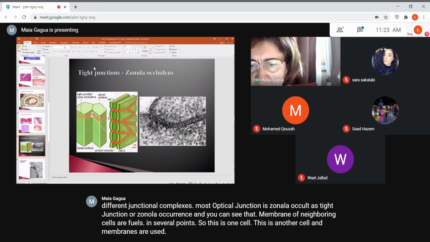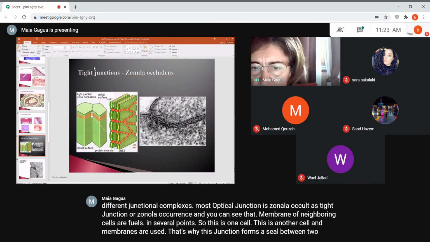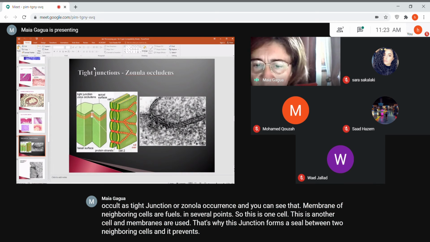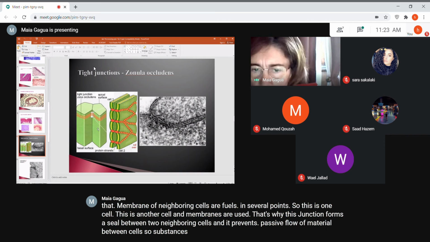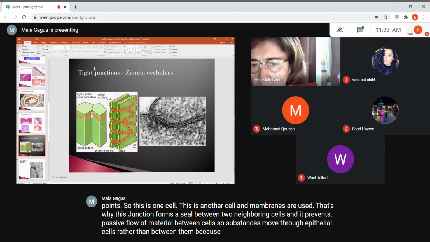That's why this junction forms a seal between two neighboring cells, and it prevents passive flow of material between cells. So substances move through epithelial cells rather than between them, because zonula occludens forms the seal between them.